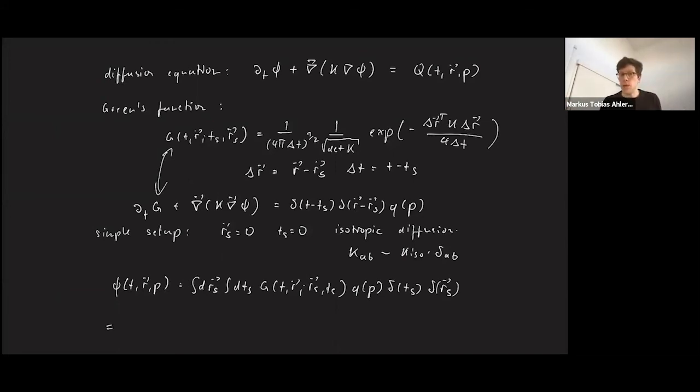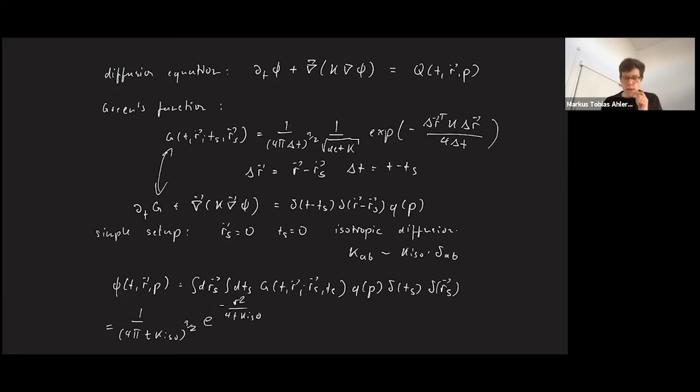In the case where we are only looking for isotropic diffusion, this is simply 1 divided by 4 pi times the scale of the diffusion tensor to the power 3/2. And then I have here this Gaussian behavior, minus r squared divided by 4 times time and the isotropic diffusion scale.